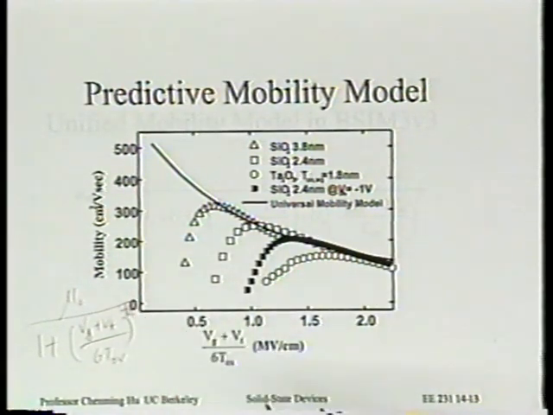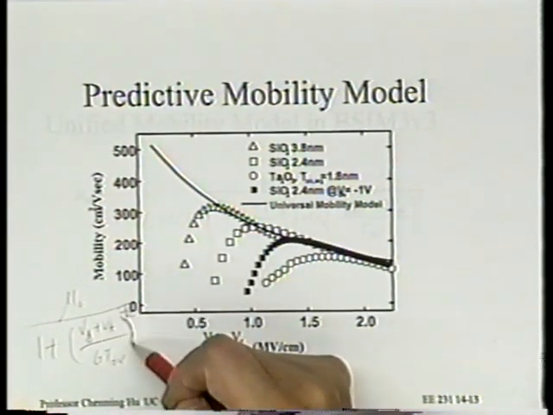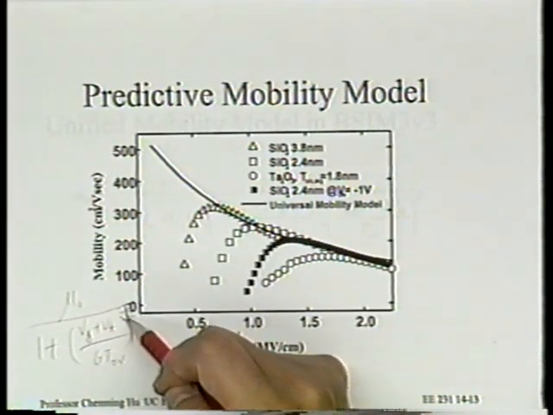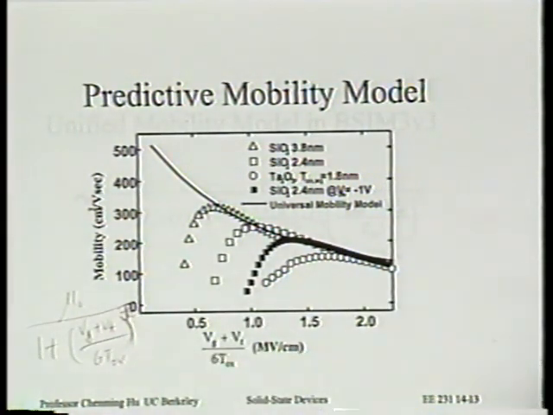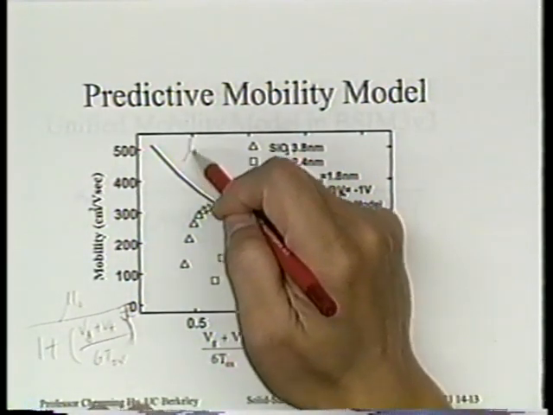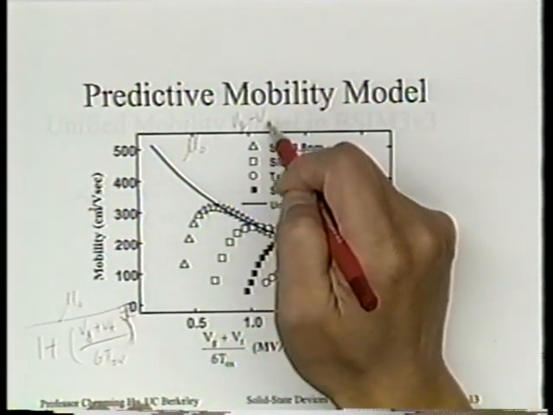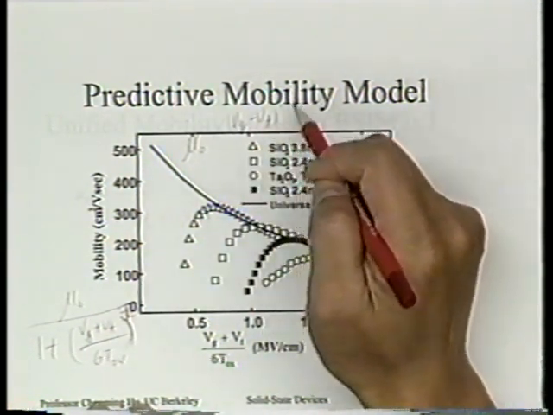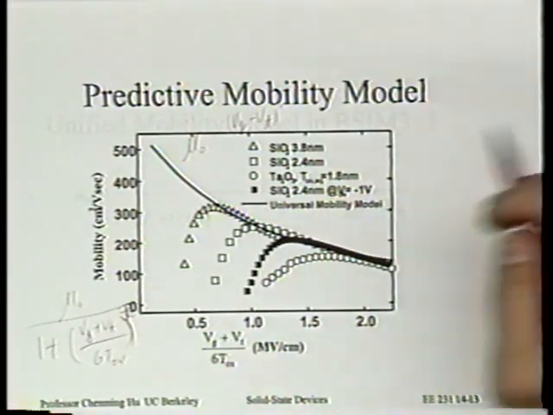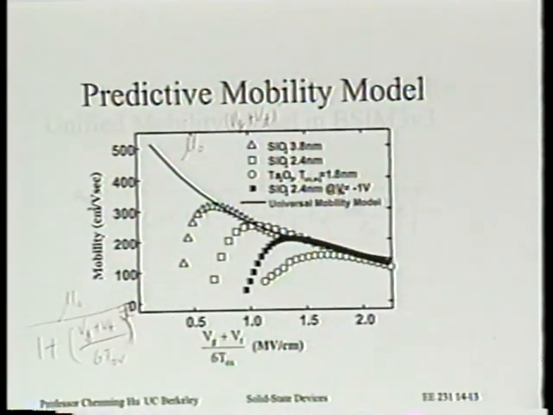We didn't use this equation because at the time we found that maybe too unnecessary for the circuit designer, because after all, circuit designers up to that point were used to modeling mobility as just some linear function of Vg minus Vt, or Vg minus Vt squared kind of thing. So what we did was change that to Vg plus Vt for BSIM 3.